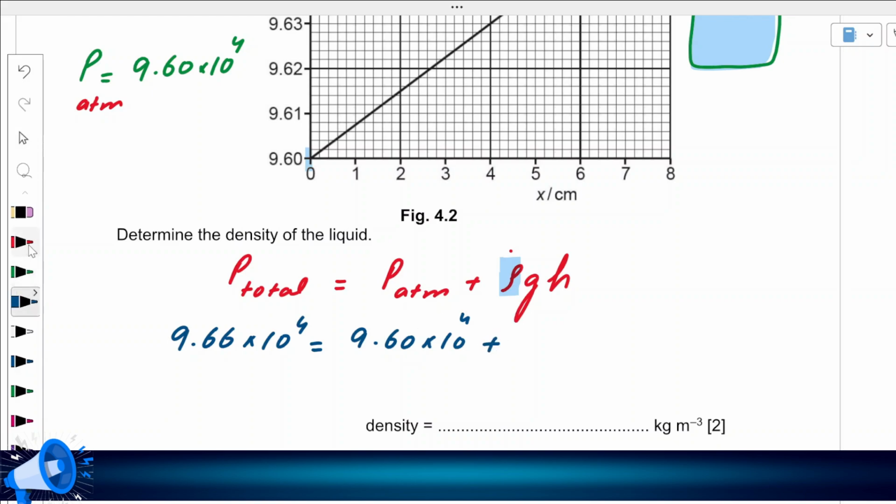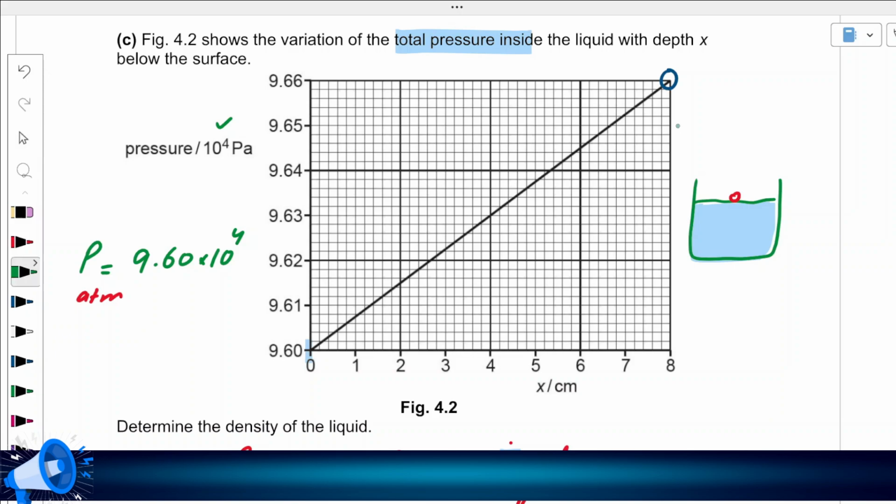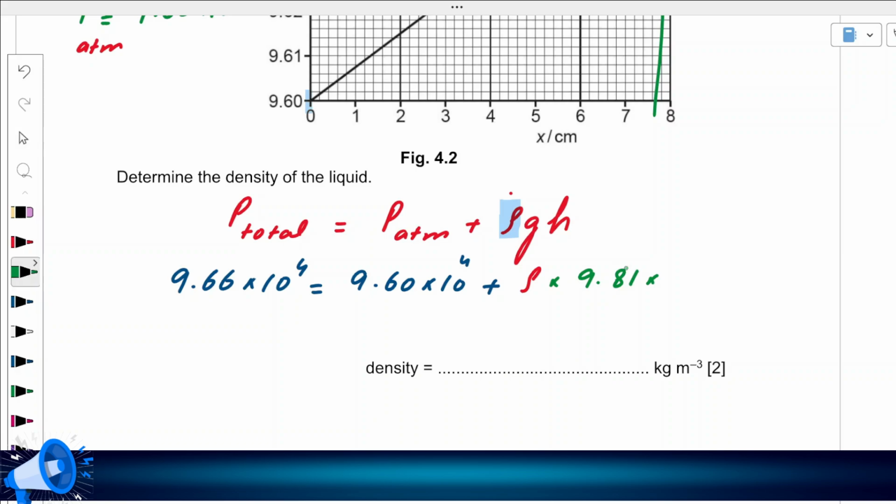Yes, plus rho, as it is because we need to find the value of the density. g is 9.81. And what is the height or depth of the liquid at the point that we have chosen? 8 centimeters. So I need to get rid of centimeters. 0.08. So basically 8 divided by 100.